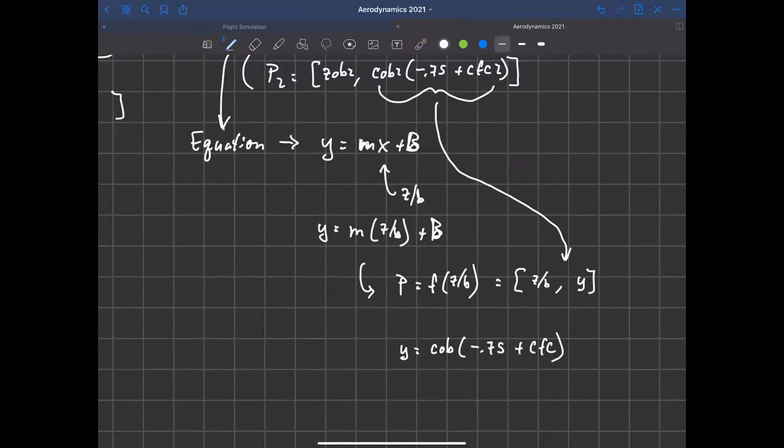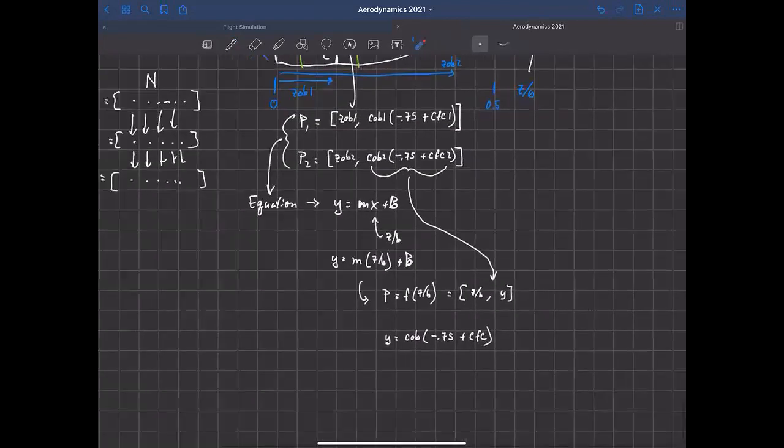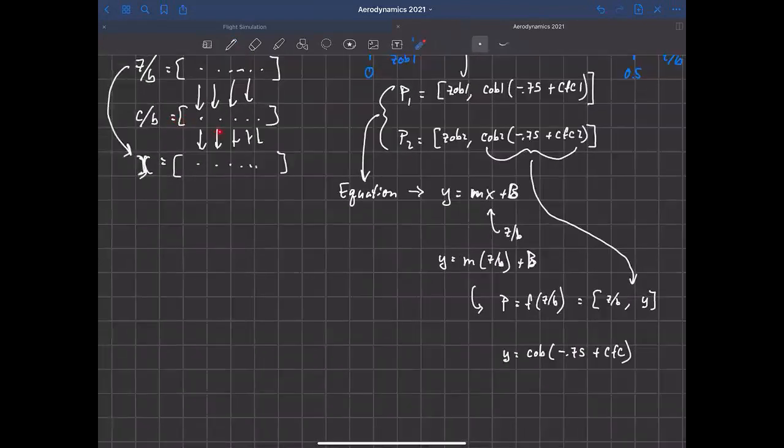So we know C over B at this location because we already computed it right here in this array of all of these locations that we're interested in. We already know C over B. 0.75 is just a constant. So we can solve this equation now for CF over C. So the local CF over C is just equal to, let's see, we can just solve this real quick.